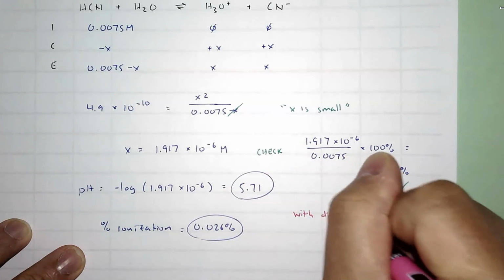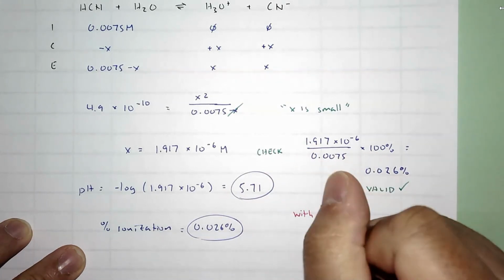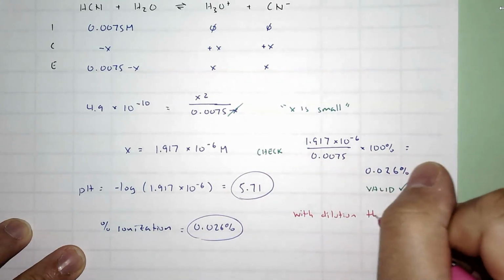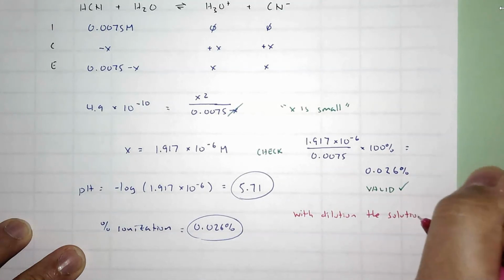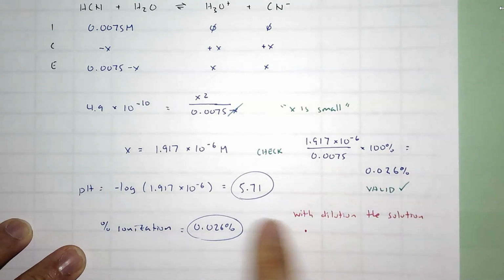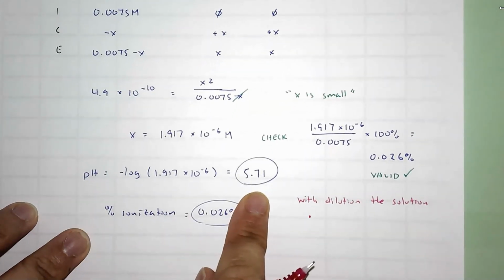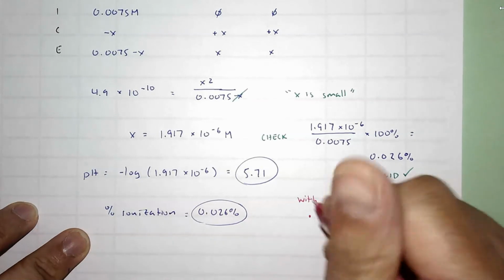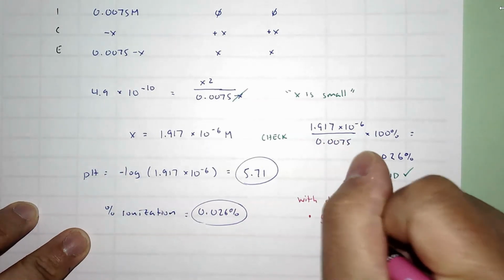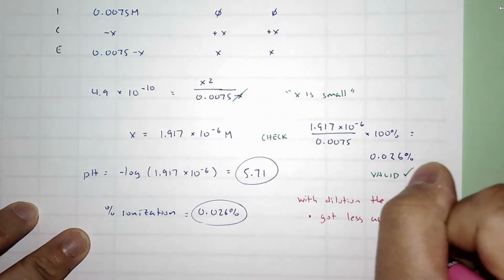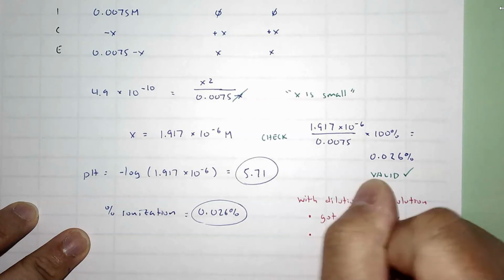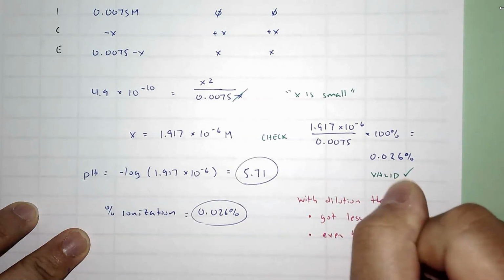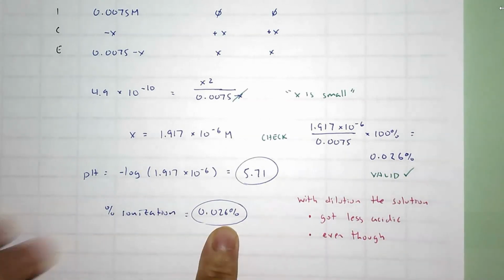With dilution, the solution, first of all, it became more basic, or we could say less acidic. How about that? It got less acidic, even though what happened?